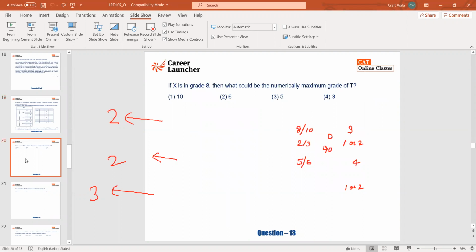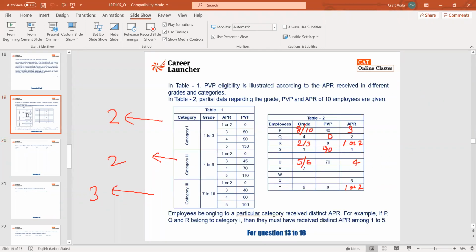If X is in grade 8, then what could be the numerical maximum grade of T? So let's see. If X will get grade 8, if here I will write 8, that means P will get 10. So now 10 is used, 9 is used, 8 is used, 7 is used.